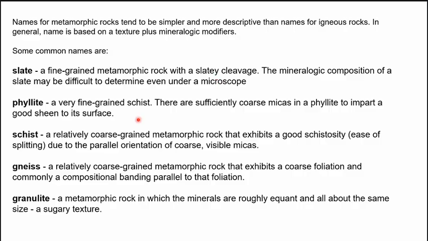But when it becomes a phyllite, it forms fine-grained minerals. It becomes a little bit larger. You can see the grain size. When it becomes a schist, it's a relatively more coarse-grained metamorphic rock where you can see the minerals. You can see them with visible eyes.